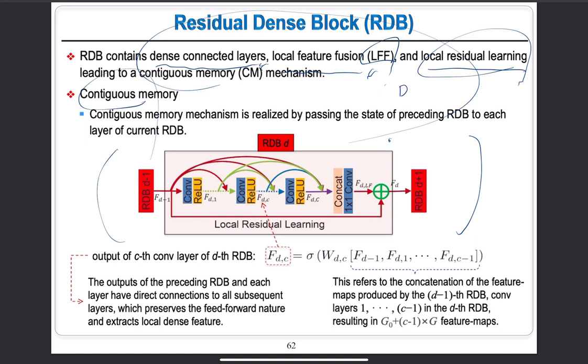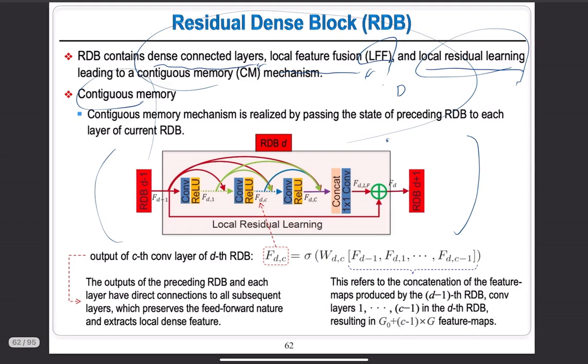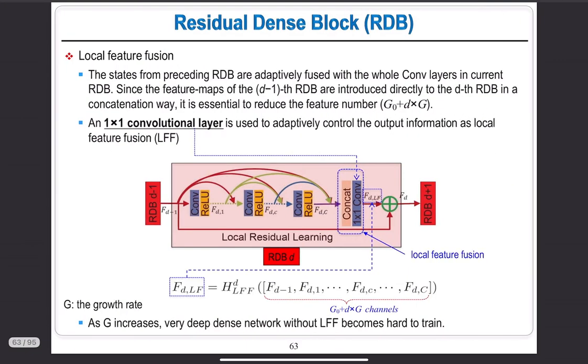This maintains a continuous flow of information throughout the network and helps preserve important features across the depths. As a result, RDN can train a much deeper architecture while maintaining stable gradients and enhancing representation power. It's a perfect example of how dense connectivity and residual learning can complement each other.